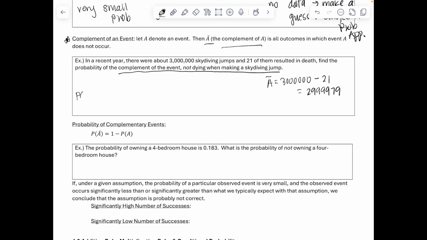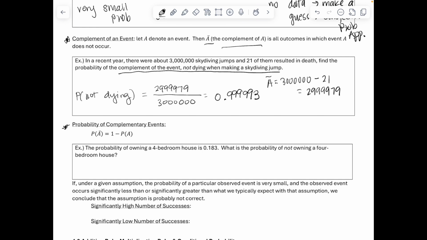So for the probability of not dying, again, that 3 million, like we did above, is going to go into our denominator since that's the total number of jumps that we had. And then this time, since it's not dying, we're going to put in the number of people that did not die while making a skydiving jump, which we just calculated, and then dividing this out, we get 0.999993. So very likely of not dying.